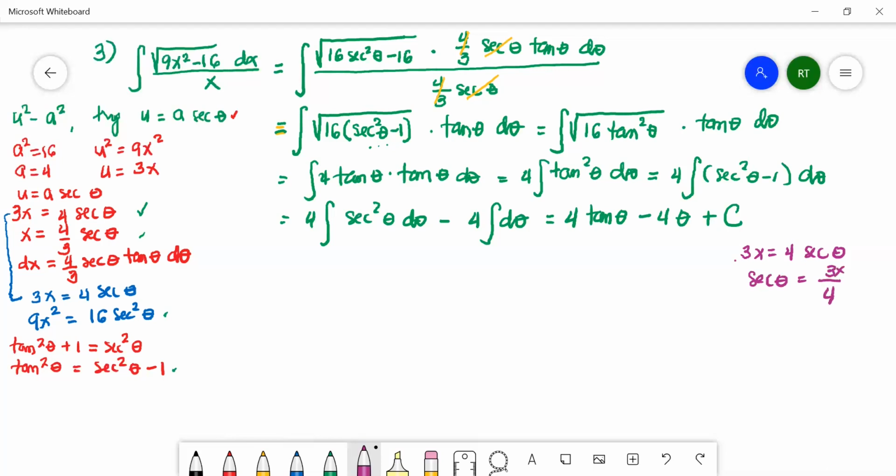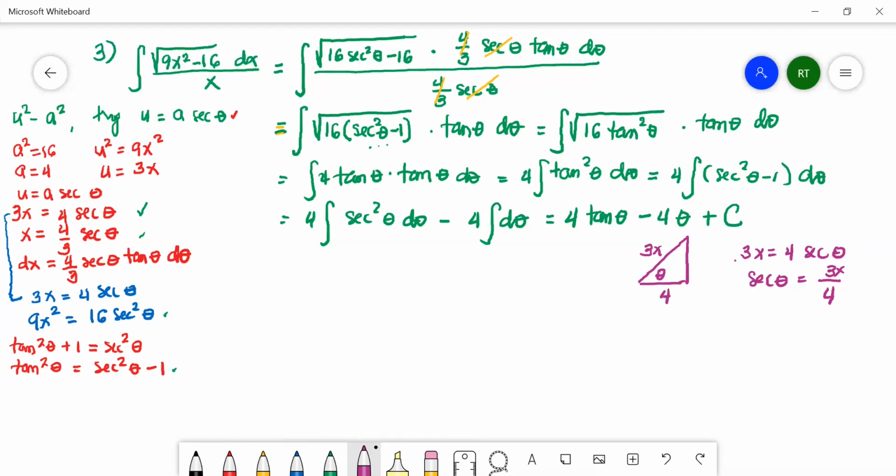And we can refer again to a right triangle whose acute angle is theta. Now this time, secant of theta is 3x over 4, and by definition of the secant function, it is equal to the hypotenuse over the adjacent side. Therefore, the hypotenuse is 3x and the adjacent side is 4.